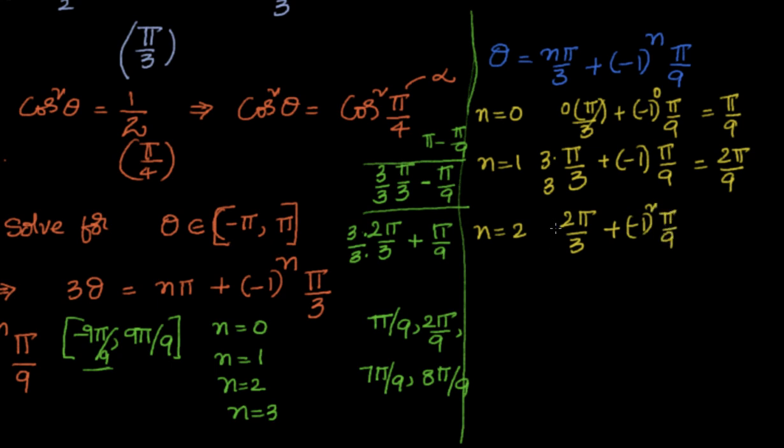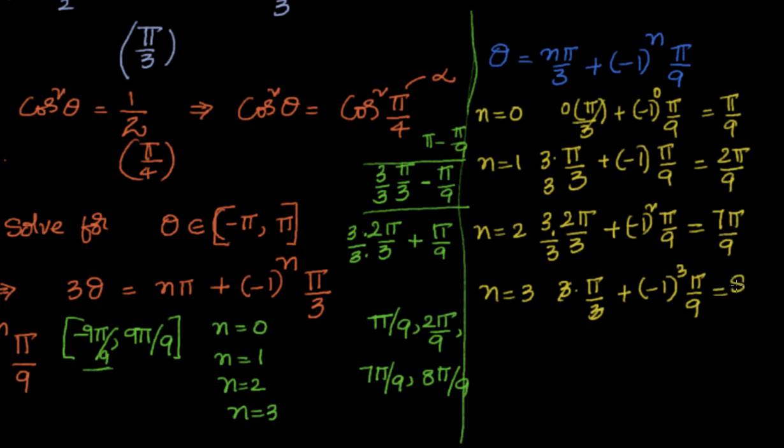Minus 1 whole square is plus. I will multiply with 3. 6 pi plus pi equal to 7 pi by 9. If I take n equal to 3, I will have 3 into pi by 3 plus (minus 1) whole cube into pi by 9. This is nothing but pi minus pi by 9, that is 8 pi by 9.